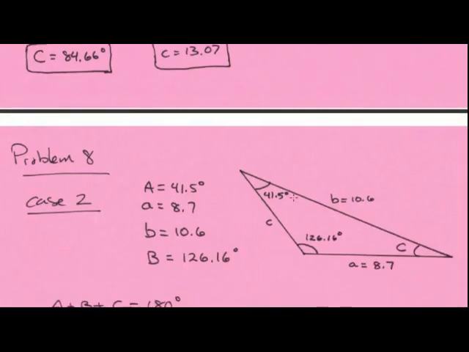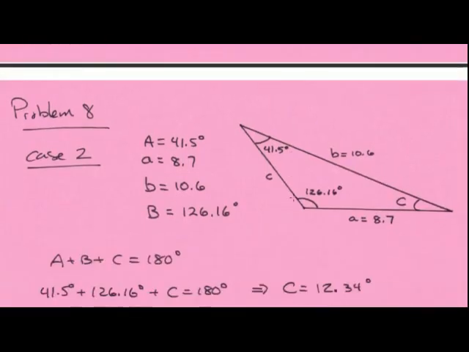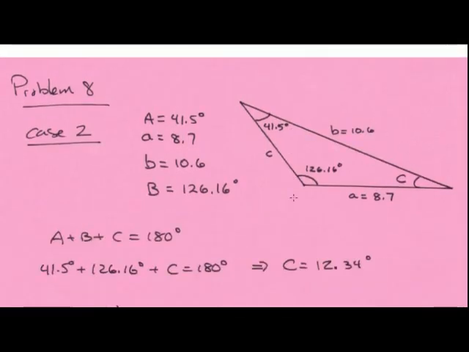Alright, so what about case 2? So for case 2, we have still our given values. So angle A is 41.5, side A is 8.7, side B is 10.6, and for our second case, we're taking our second quadrant angle of 126.16 degrees.